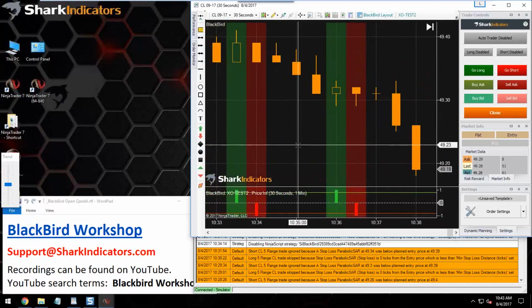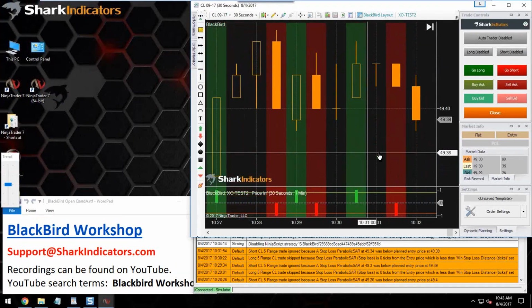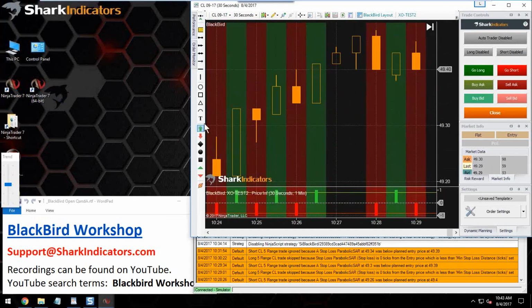Let me go back on the chart and find an example. There we go. Let's take this short trade, for example. What's wanted is, as soon as price crosses the open of the previous bar, a market order gets in.